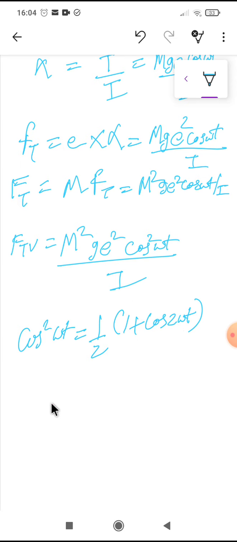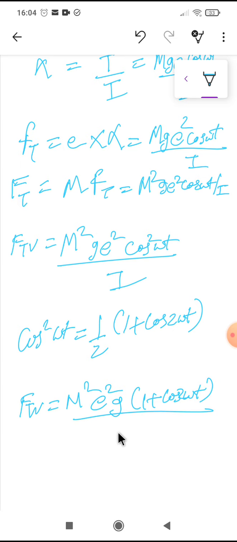The vertical component of tangential force will be Ftv equal to m squared e squared g into 1 plus cos 2 omega t, divided by 2I.